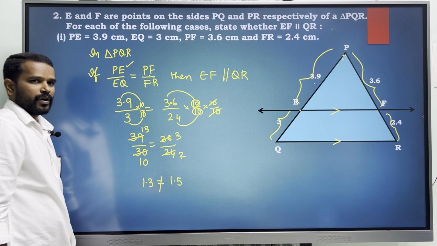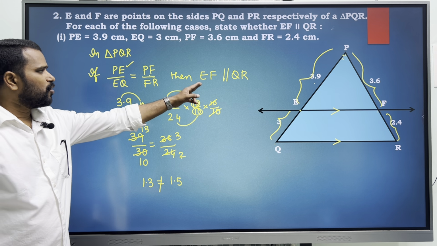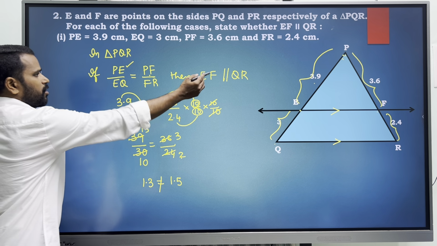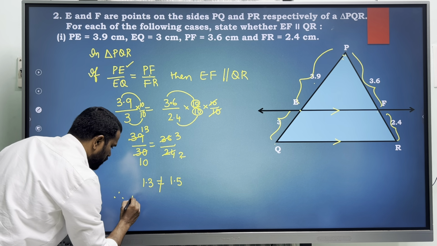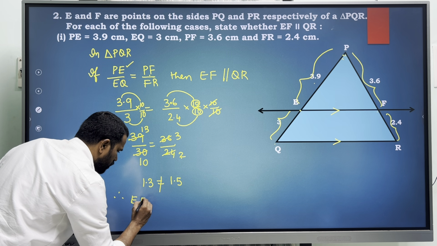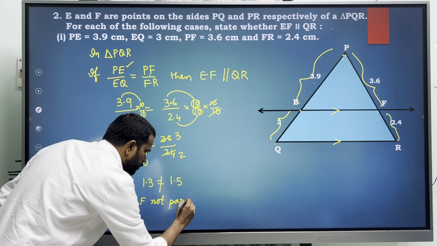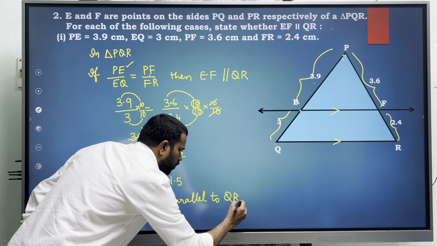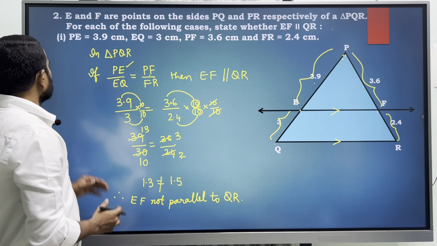They are not equal. The ratios are not equal. So EF is not parallel to QR. Therefore, EF is not parallel to QR. Understand? This is how we will be doing it.